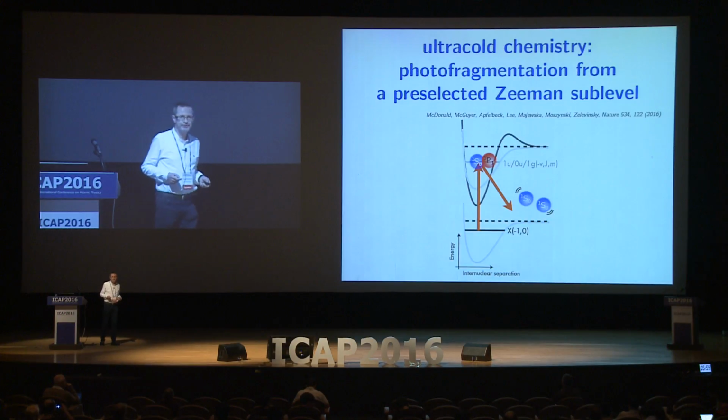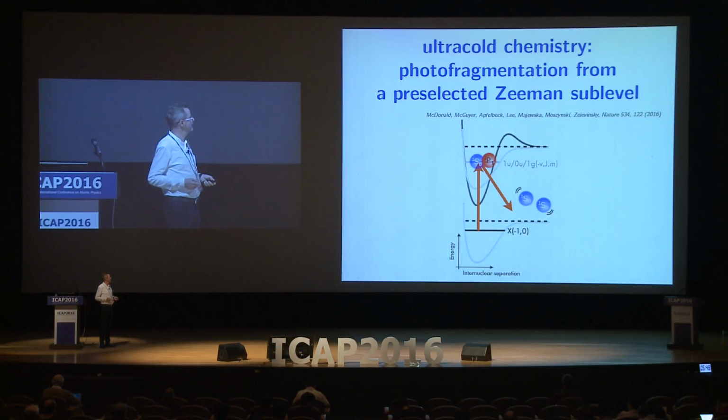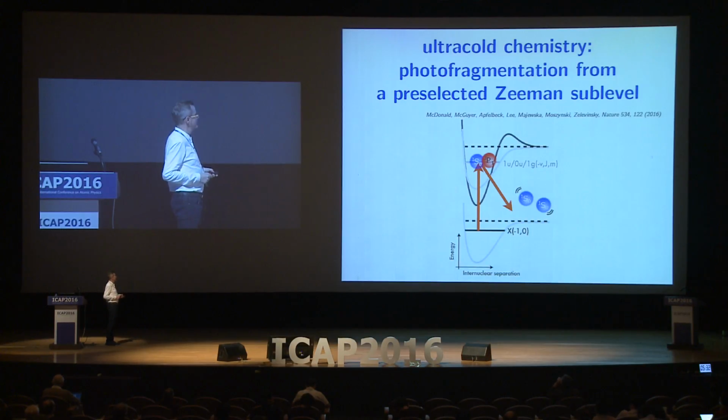Now I briefly go to the second subject of my talk, and this is something that you could have seen on the poster number 51 of Mickey McDonald on the first poster session, the photofragmentation of the strontium molecule from preselected Zeeman sublevel. So what they did experimentally, they produced an excited state rovibrational level.